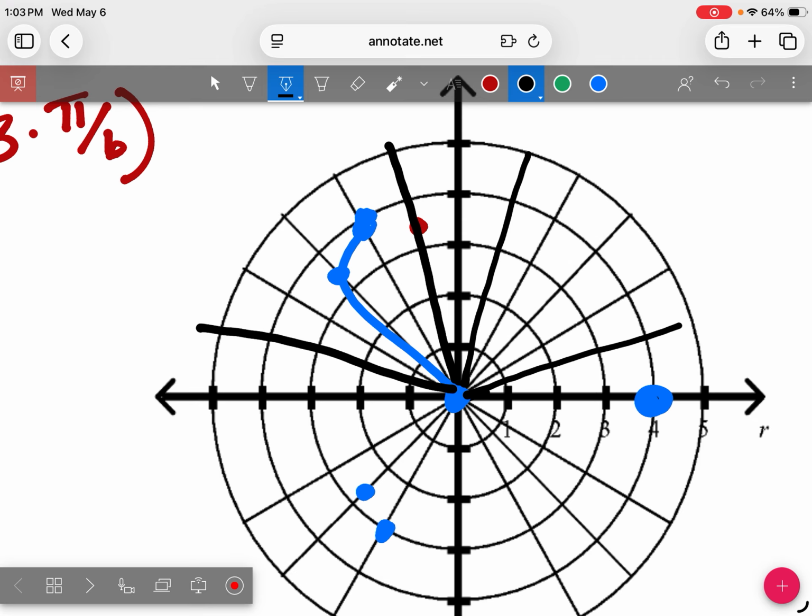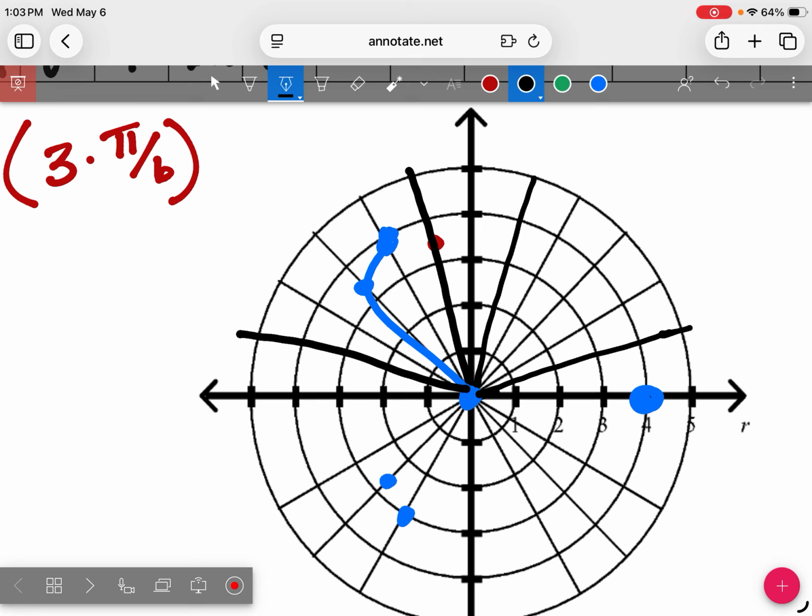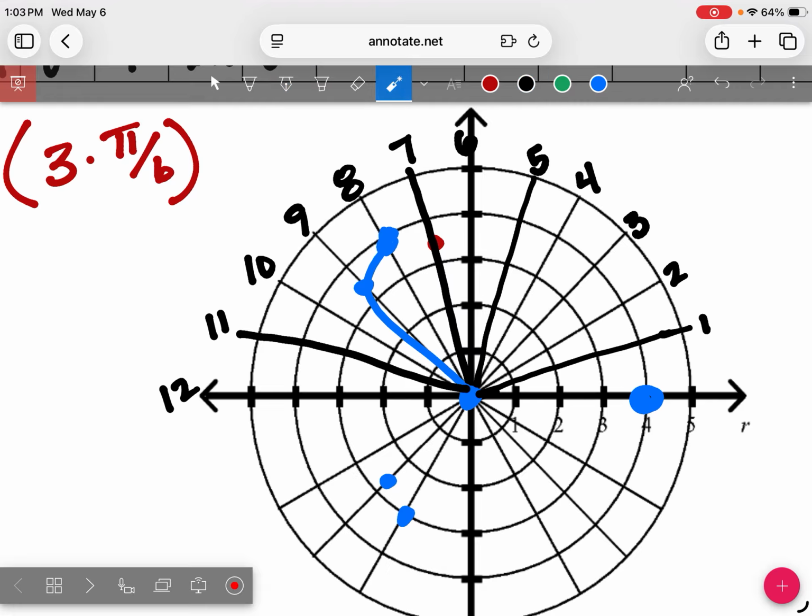Okay. When I split this up, let's see how many slices we have. This is 1, 2, 3, 4, 5, 6, 7. Okay. So everyone see that this, well, let me keep counting. 8, this would be 9, 10, 11, and 12. So the number of slices that I have in the first two quadrants, that's my denominator.